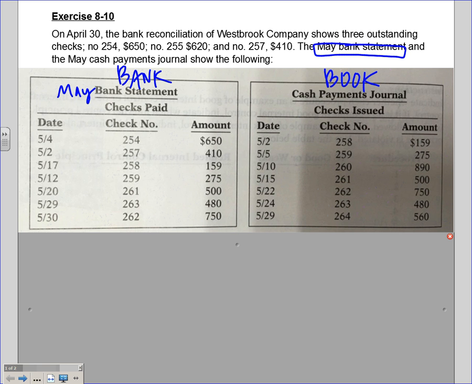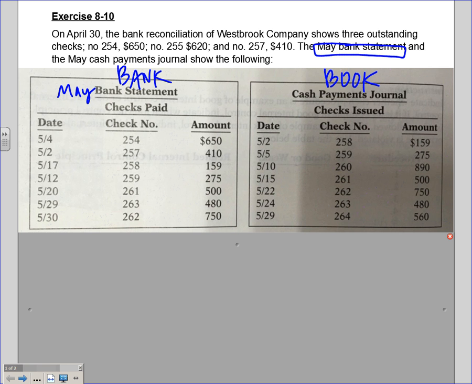What is a check? It's a piece of paper, a written order. Okay, what's the bank? Is it a maker, a payee, or a payer? Payer. So the maker is telling the payer to pay the payee. Okay, so you got the lingo down.